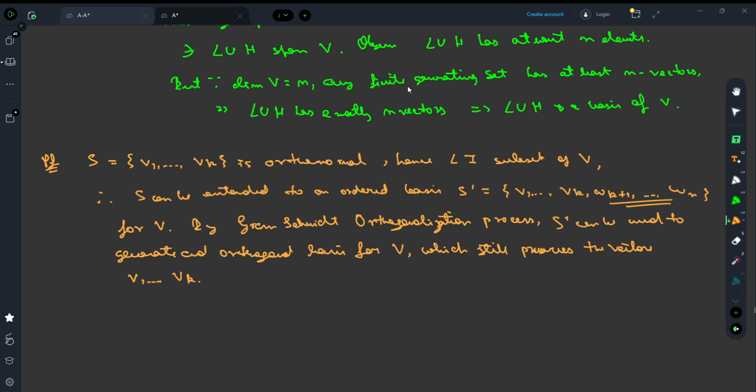So the orthogonalization process will cause no effect to them. The orthogonalization process will specifically change the vectors Wk plus 1 to Wn with mutually orthogonal vectors, say Uk plus 1 till Un, and we will get an orthogonal basis which still consists of the first k vectors to be V1 till Vk. Okay.